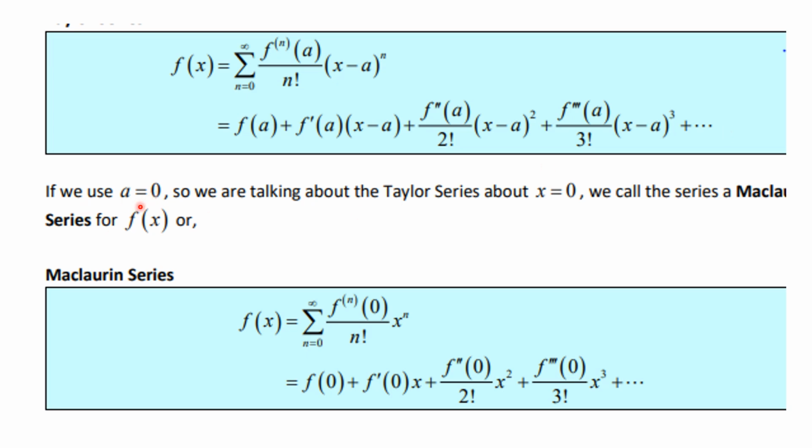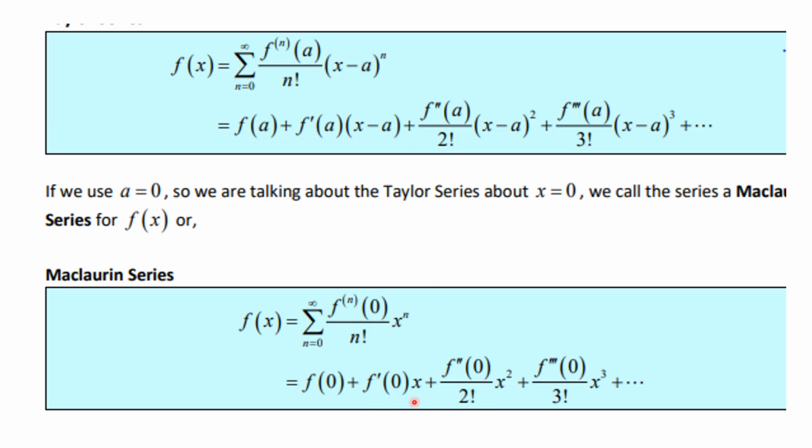Now if we use a equals 0, we're talking about the Taylor series about 0, and people call this the Maclaurin series for f of x. And here's that, and you notice that we're really just plugging in 0 for a.